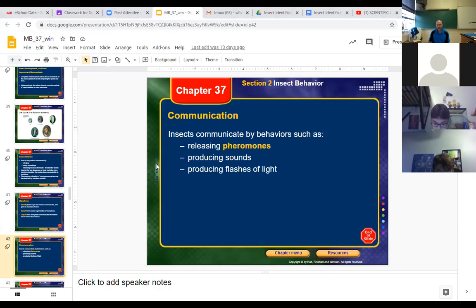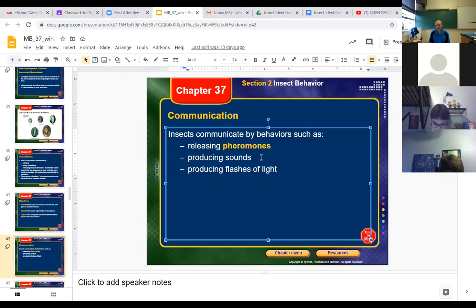The number one answer for sound, you put crickets. Also mosquitoes. So right here, you put mosquitoes. Light, I would just type in here, lightning bugs.